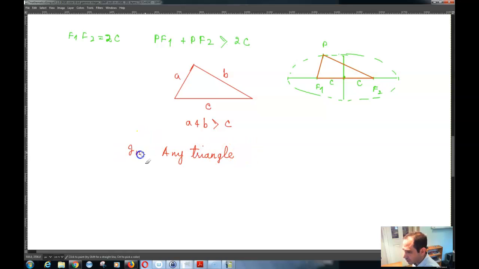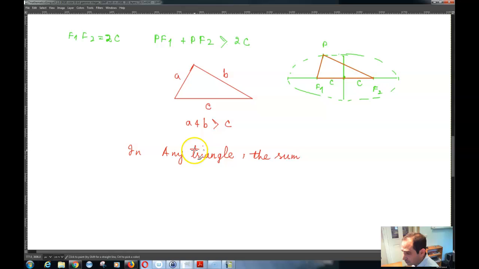This is some theorem in geometry. I don't know when we did this, but it was a few months ago, though of course not in these videos.